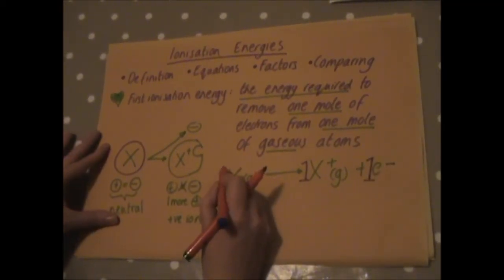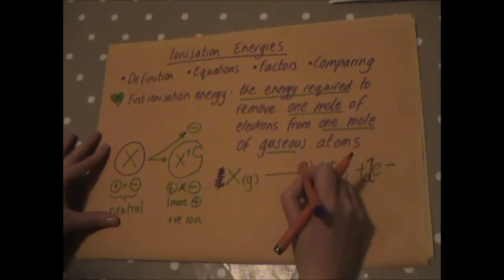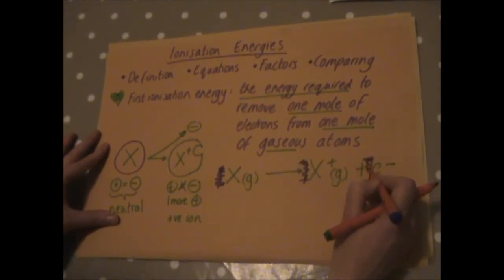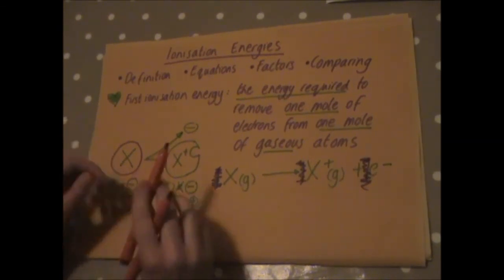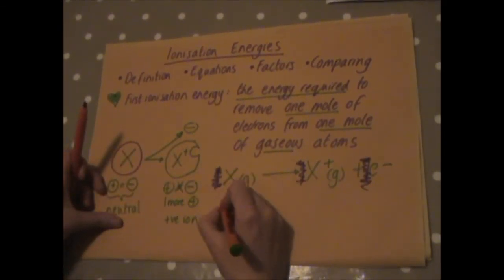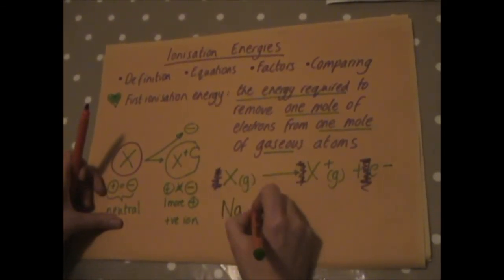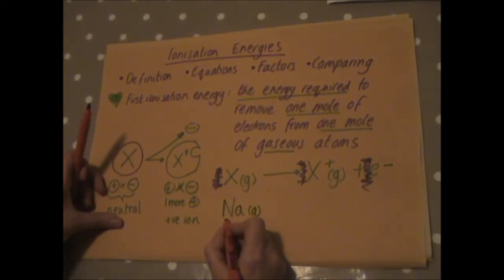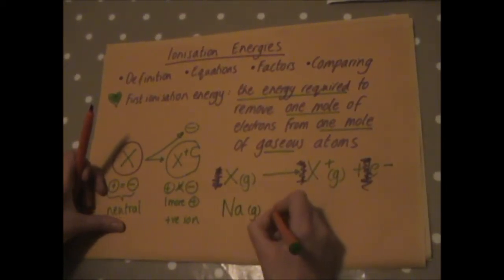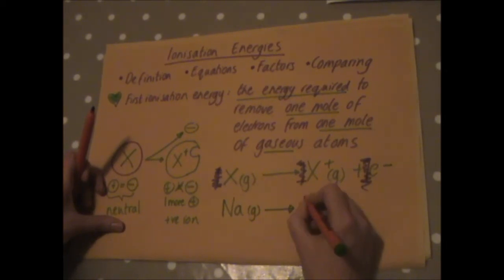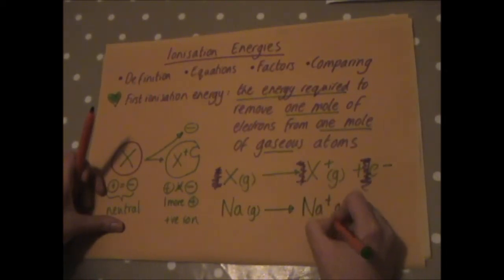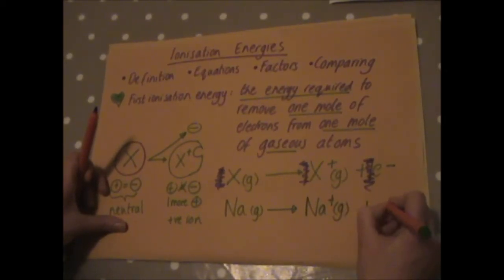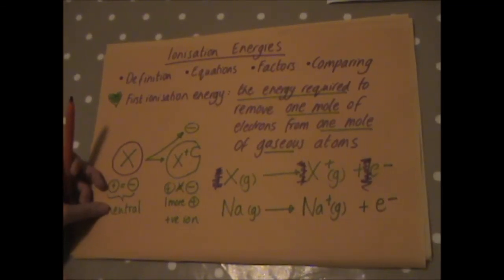But chemists are a little bit lazy, and so if it's a 1, we don't bother writing that in. So if we wanted a specific example, you could take a mole of sodium atoms separated from each other as a gas, and you would make a mole of sodium ions and a mole of electrons.